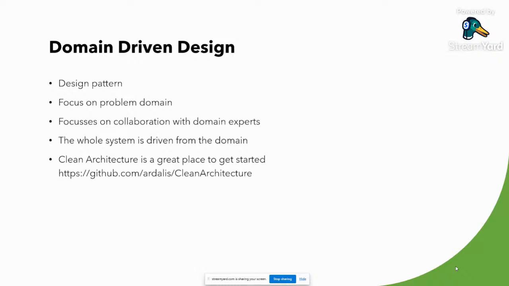So DDD is a design pattern, again, that focuses on the domain. Everything starts from your business domain. Instead of writing entire applications that go from your business layer to your data access layer and your repositories and your services and whatnot, you start from your domain.